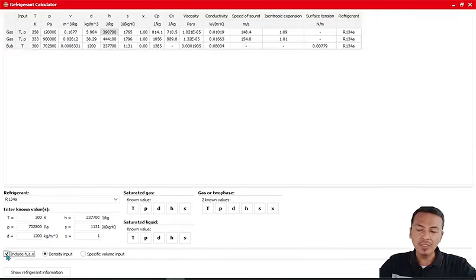Yeah. For example, if you have a condition after expansion that has a certain condition of mixture, for example, the vapor quality at 40%, for example, or 0.3 here, 0.3, okay?